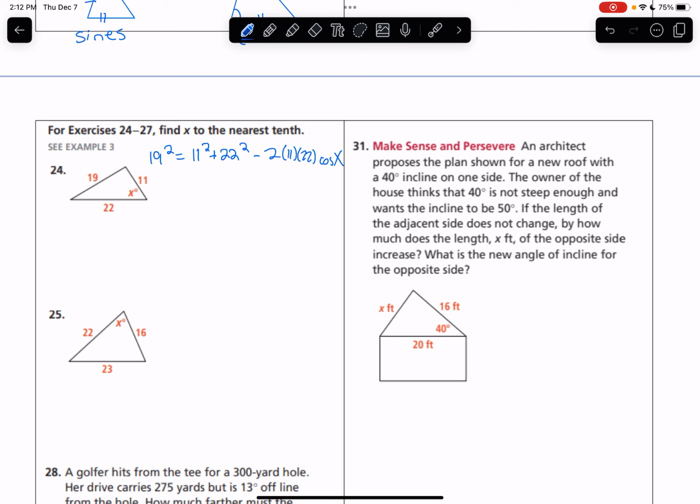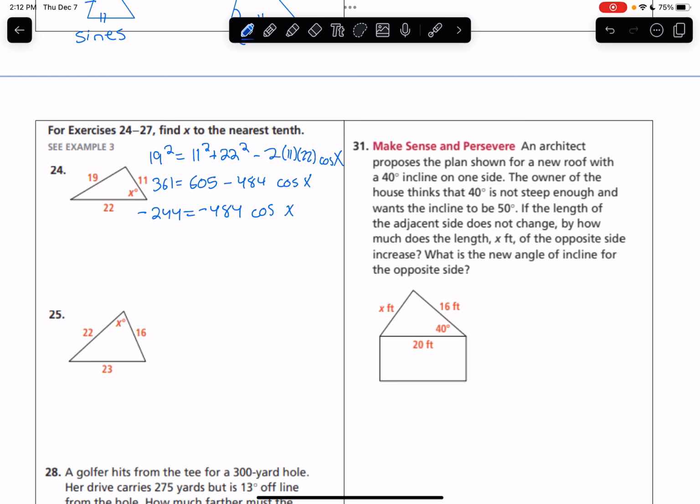When we solve that, we get 361 equals 11 squared plus 22 squared, which is 605, minus 2 times 11 times 22, which is 484, cosine of x. I'm just simplifying and solving. So I'm going to subtract 605 from both sides. Negative 244 equals negative 484 cosine of x.